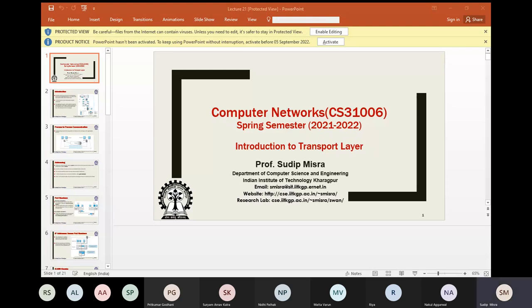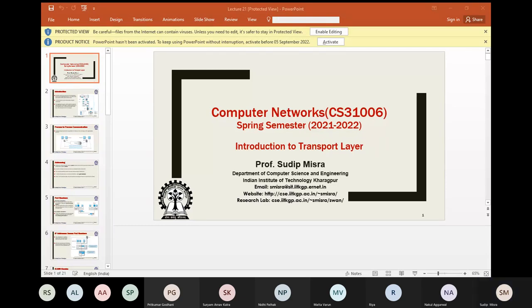So we have the physical layer, the data link layer, the network layer, the transport layer, and the application layer. You know by now very well that the communication happens basically layer to layer, right?